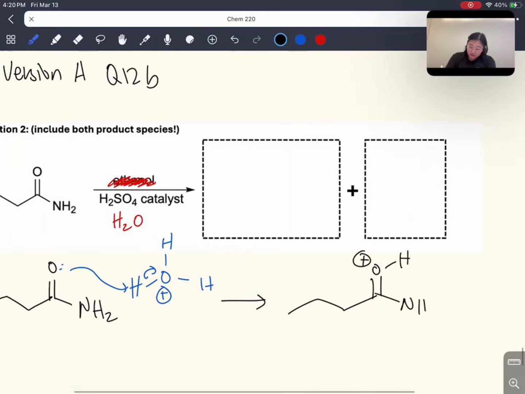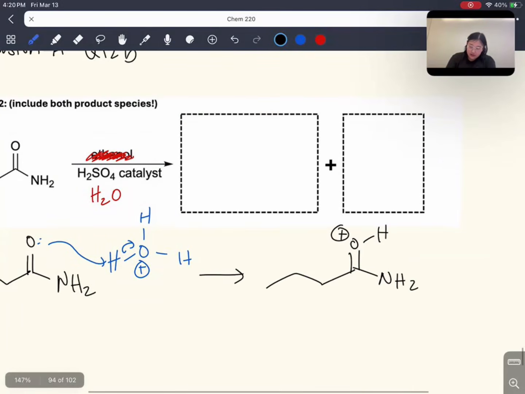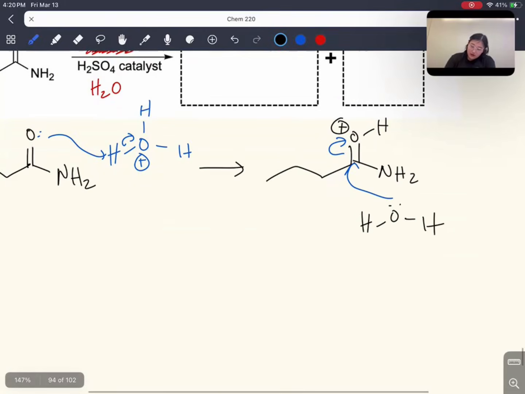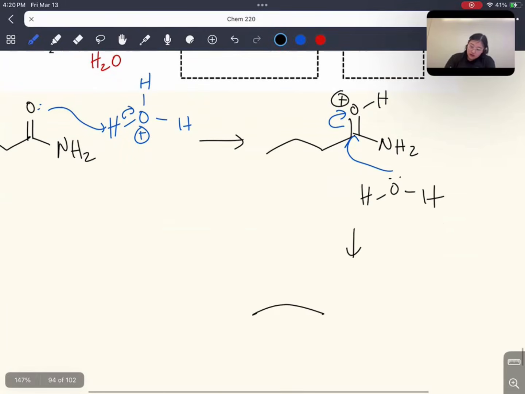So when we do that, we get this. The next thing that's going to happen is that now that we have protonated our oxygen, we have activated that carbonyl carbon towards nucleophilic substitution. So now our H2O is going to come in, act as our nucleophile, and attack this carbonyl carbon, pushing off the double bond.